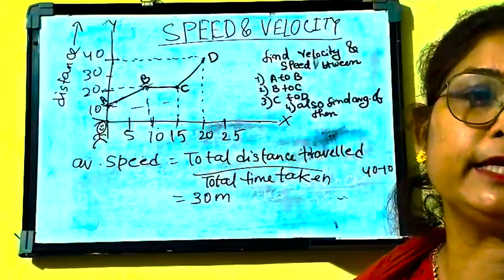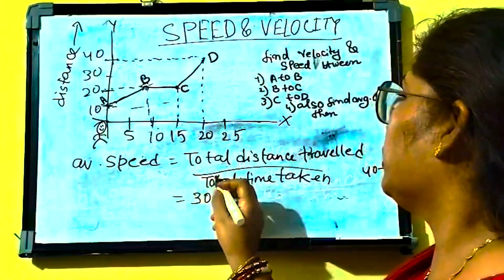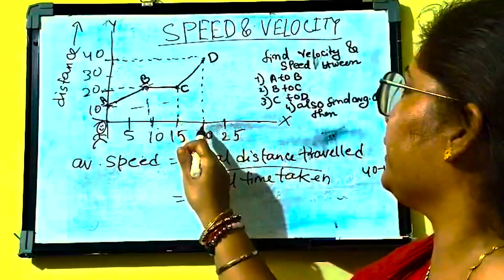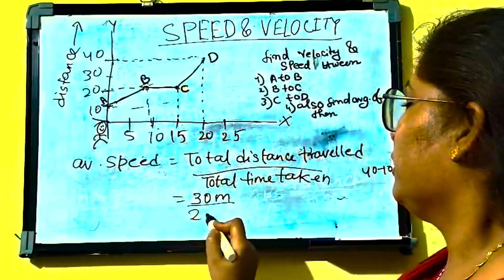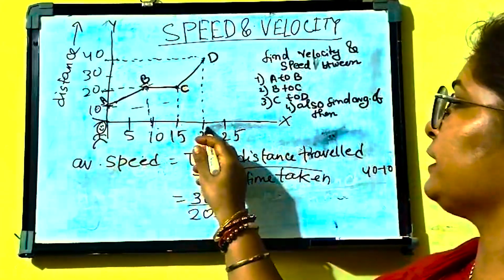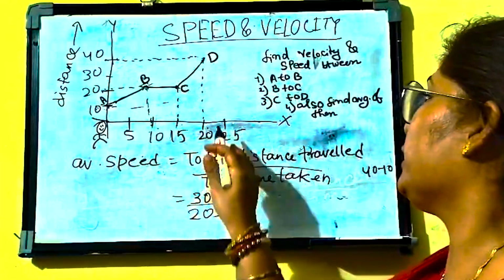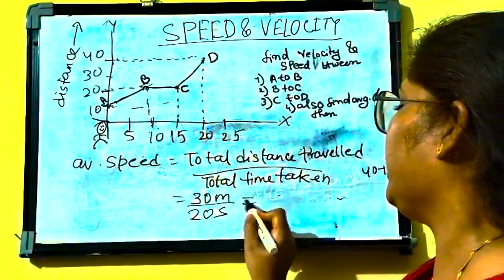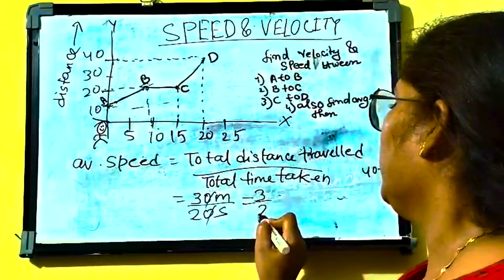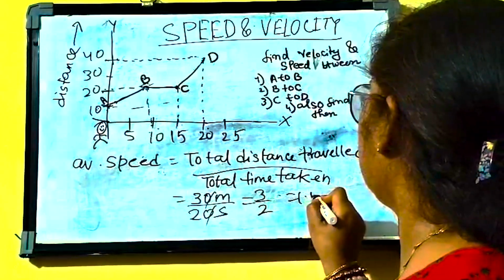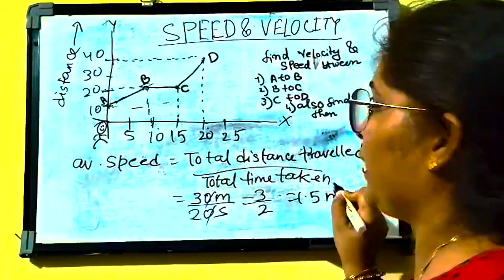Final minus initial. Now the total time taken is 20 seconds. In 20 seconds it covers 30 meters. So 3 by 2, that is 1.5 meters per second.